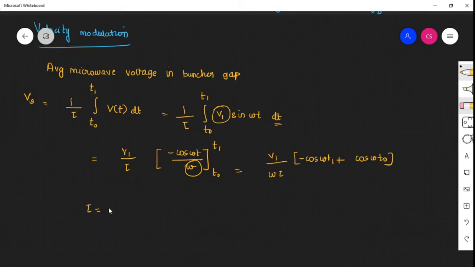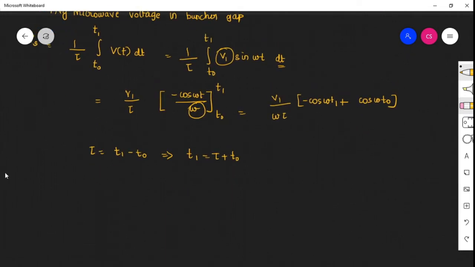And we already know that tau is equal to T1 minus T0, so from this we can write T1 as tau plus T0. We will substitute this in the above equation. So first of all, let me write Vs equals V1 divided by omega tau.